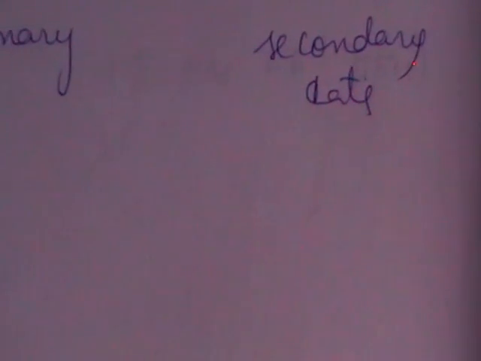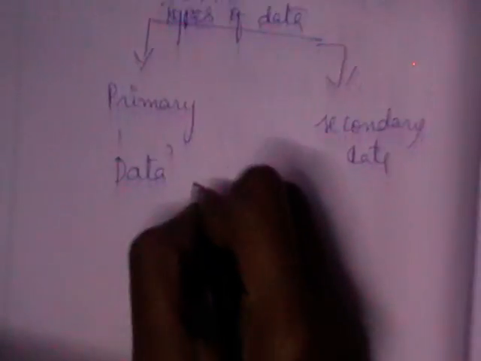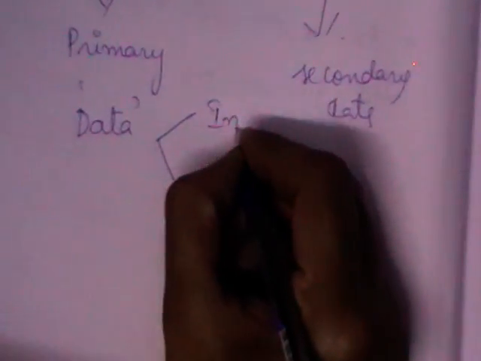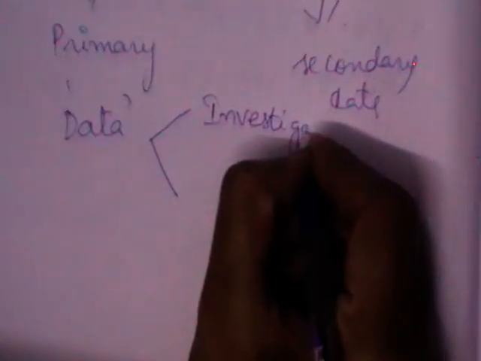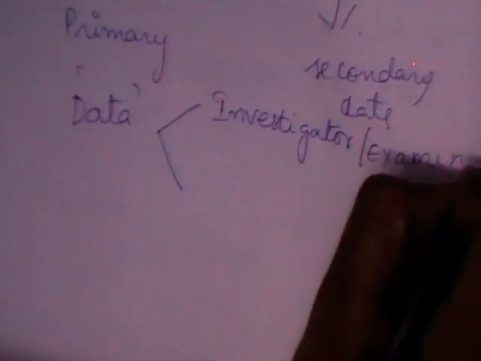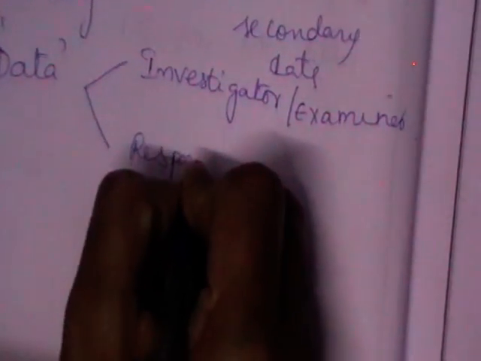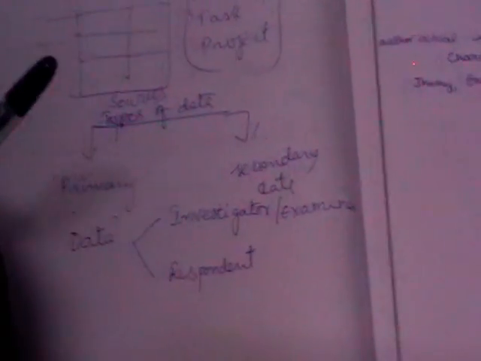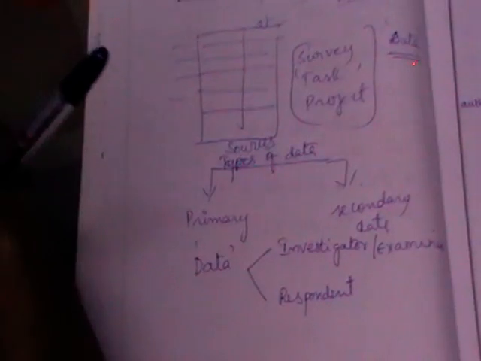Generally, when we are using the word data, we use two terms: investigator or examiner, and respondent. Take the example of the opinion of the voters during the general elections, where they forecast the results of the election. For that they need some data.